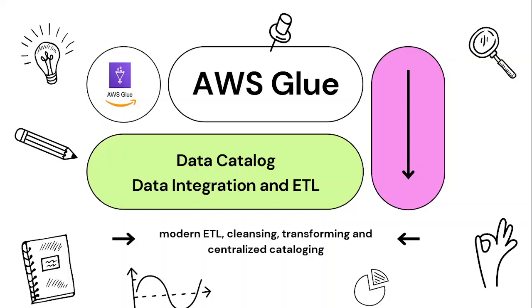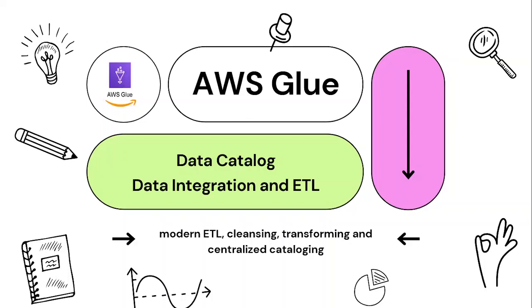In this video, we will be talking about what is AWS Glue and the various concepts related to it. So let's jump right into it. The first thing is, what is AWS Glue? AWS Glue is simply a serverless ETL service in Amazon. So it's serverless. That means that we need not worry about managing or provisioning underlying infrastructure.